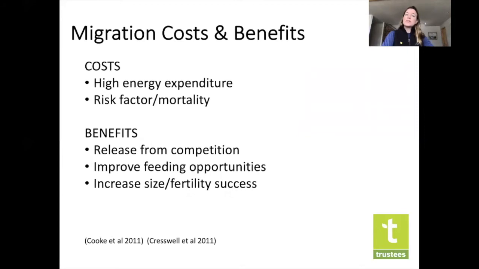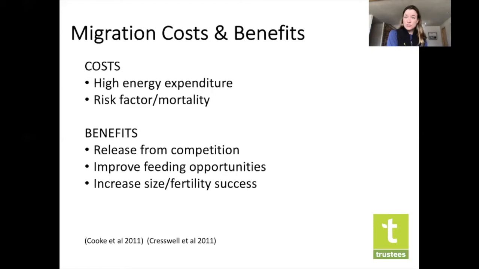So of course, with migration, there are quite a few costs and benefits. Because as we said earlier, the point of migration is for a fish to increase its fitness level. That means its health, and it gives itself a better chance at survival if it's moving to a new environment.